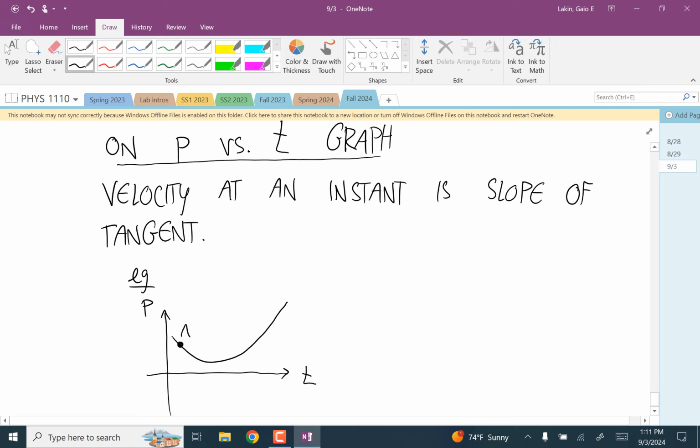Let's say this is the instant A and this is the instant B. A tangent at the point A is like this. Does that have a positive or a negative slope? Negative. And at the instant B, a tangent is like that. Does that have a positive or negative slope? That has a positive.